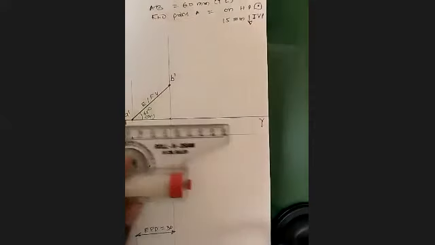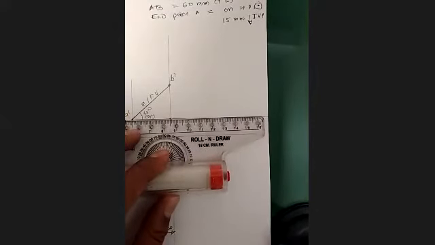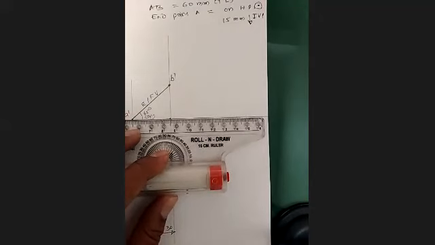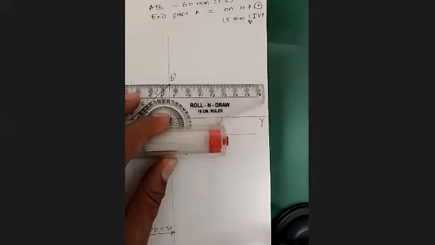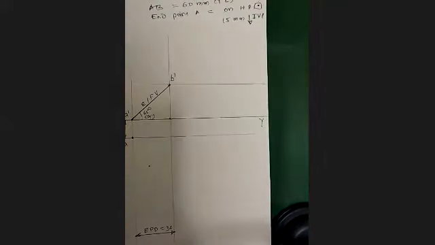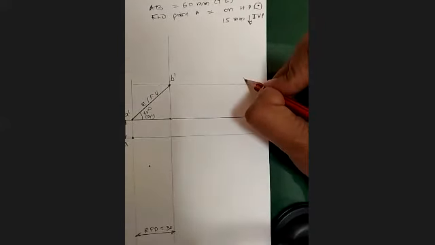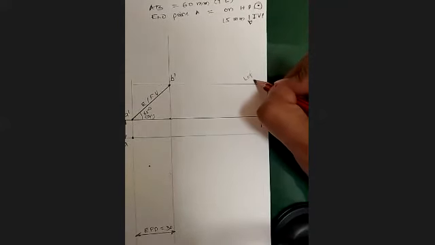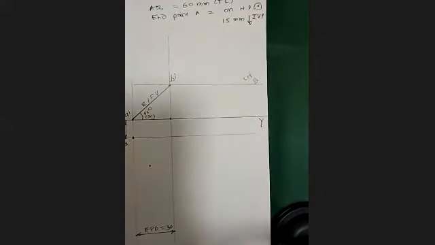Okay, elevation or front view, right? Then as you learned with the previous problem, as soon as you get a point, immediately you have to draw a line passing through that point, which will be parallel to the XY line. We will say it's the locus of point B. Now this end projected distance we already marked.